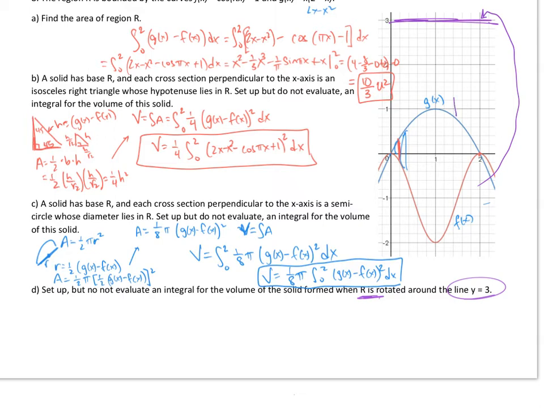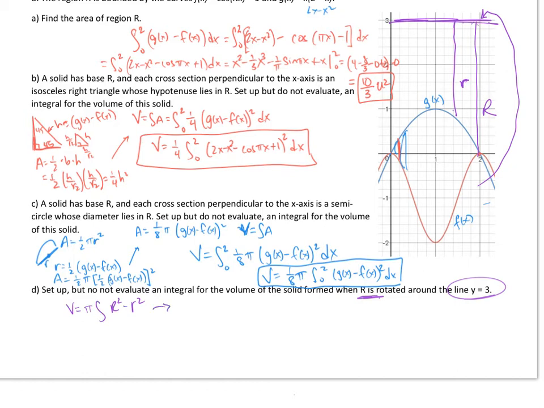So we know that we're going to end up having to use a washer method with g of x being our little r, and then our big R is going to be the f of x. And so since our line of rotation is above it, we're going to say 3 minus that. So 3 minus the little r, 3 minus the big R. So our volume with washers is R squared minus r squared. Volume is pi times the integral of that.